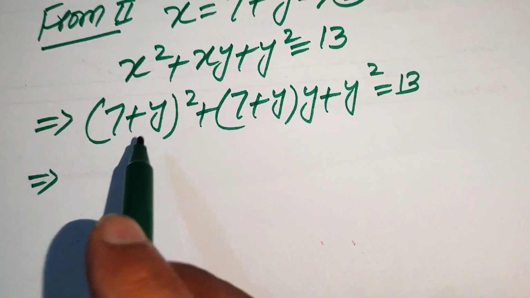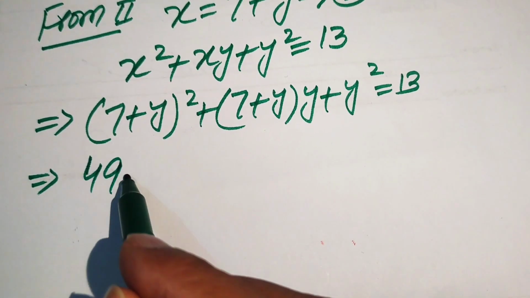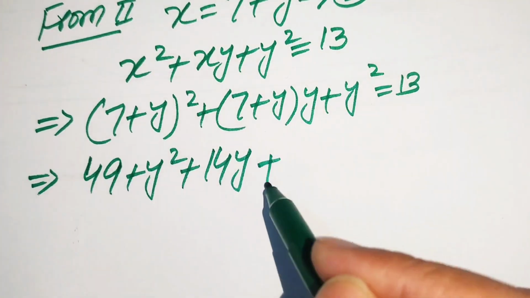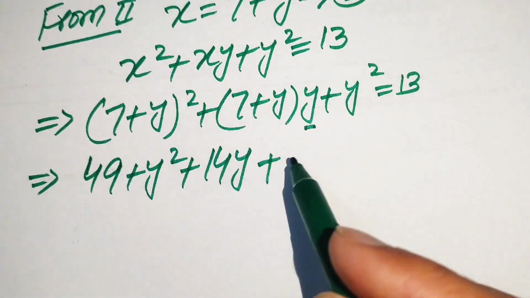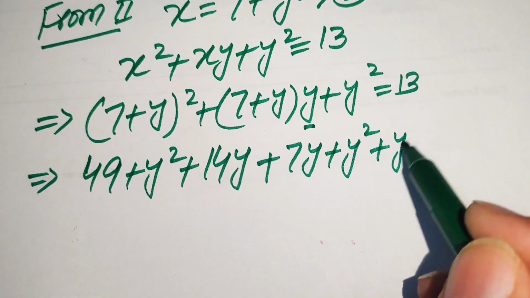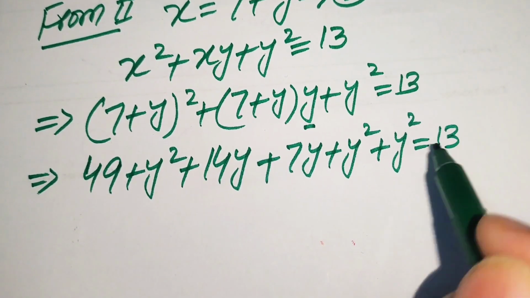Here we open the square and it is written as 49 plus y square plus 14y. Here we multiply this y on both of these terms and it is written as 7y plus y square plus y square equals to 13.